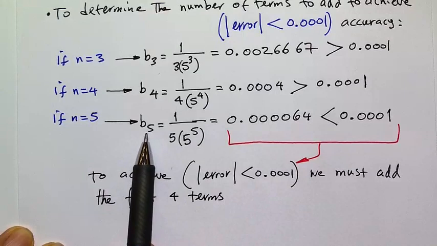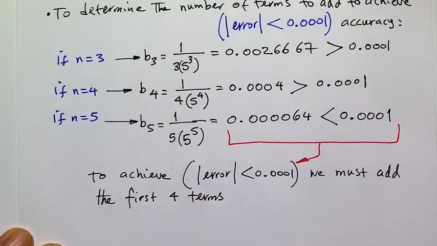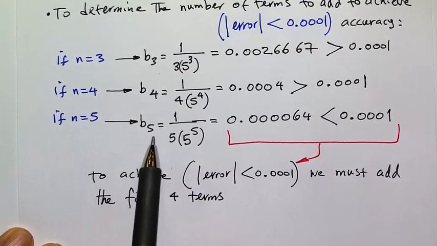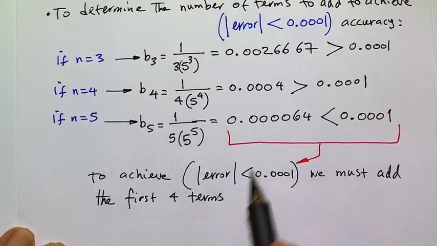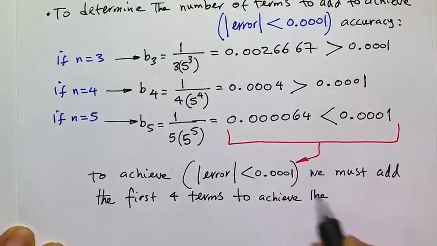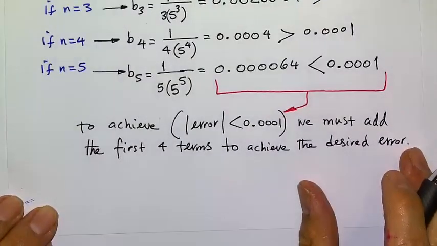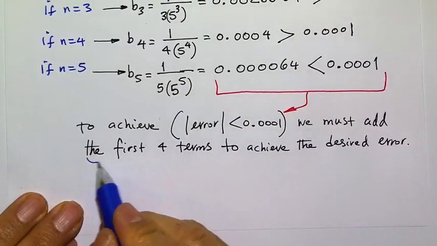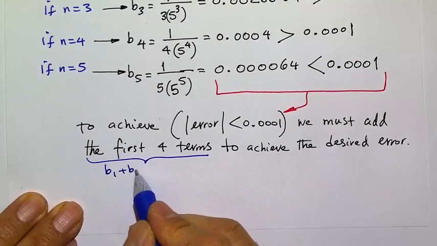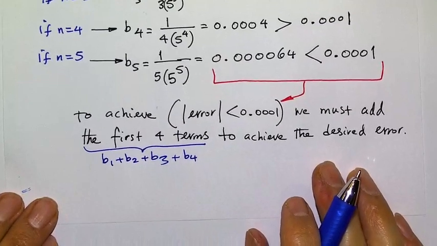B5 gave us this error, which was less than that. So that means the terms before it should be added, not this one. The first 4 terms, we must add the first 4 terms to achieve the desired error. In other words, I want to make sure that this is clear. The first 4 terms would be B1 plus B2 plus B3 plus B4. Okay, that's what it means.